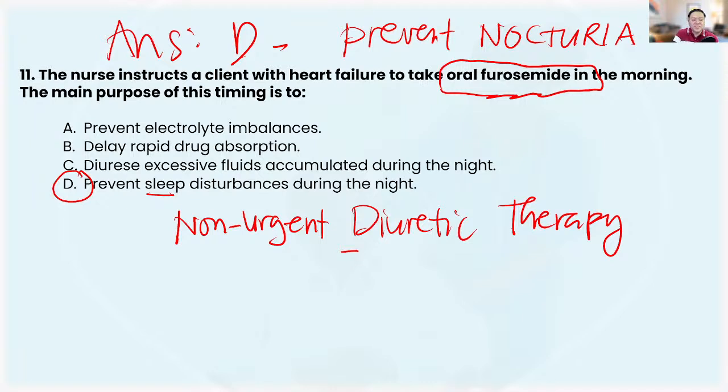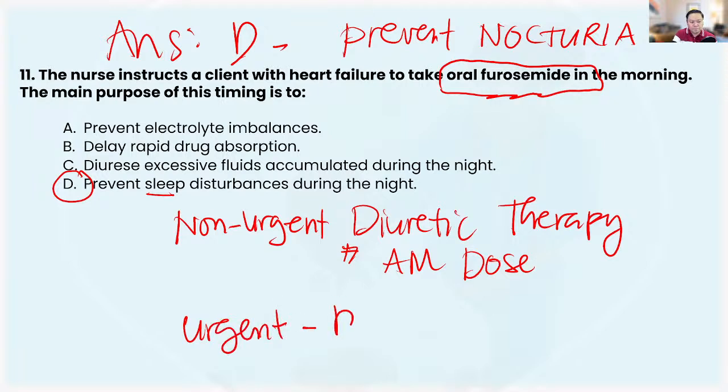Okay, so most of the time the schedule will fall in the morning, AM dose. Okay, but guys, if there is an urgency, for example, if the patient has pulmonary edema. So for example, if you're working night shift, right, and your patient develops pulmonary edema on the night shift, it doesn't mean that you're going to have to wait for the morning to treat this patient.